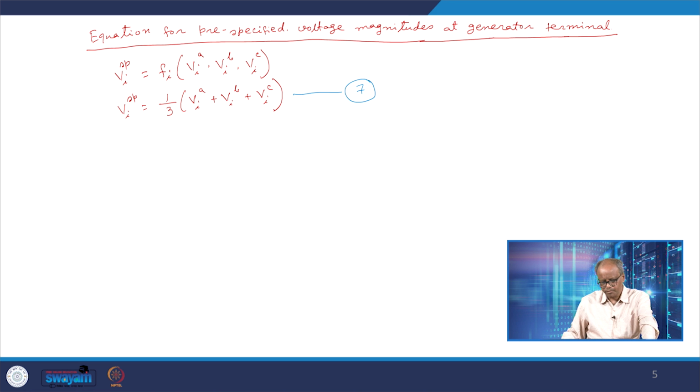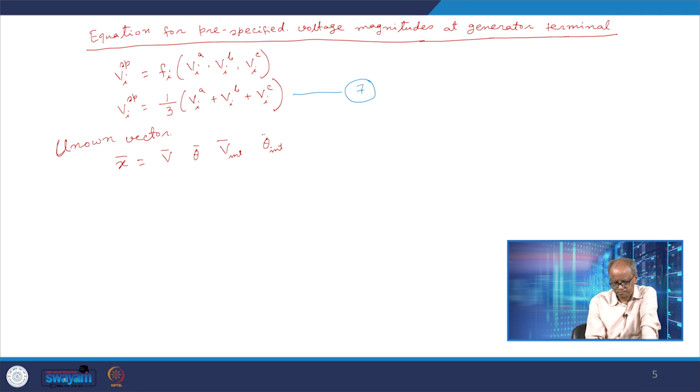Now, to recapitulate my unknown vectors. Let us say the unknown vector x is V, theta, then V internal and theta internal, transposed.